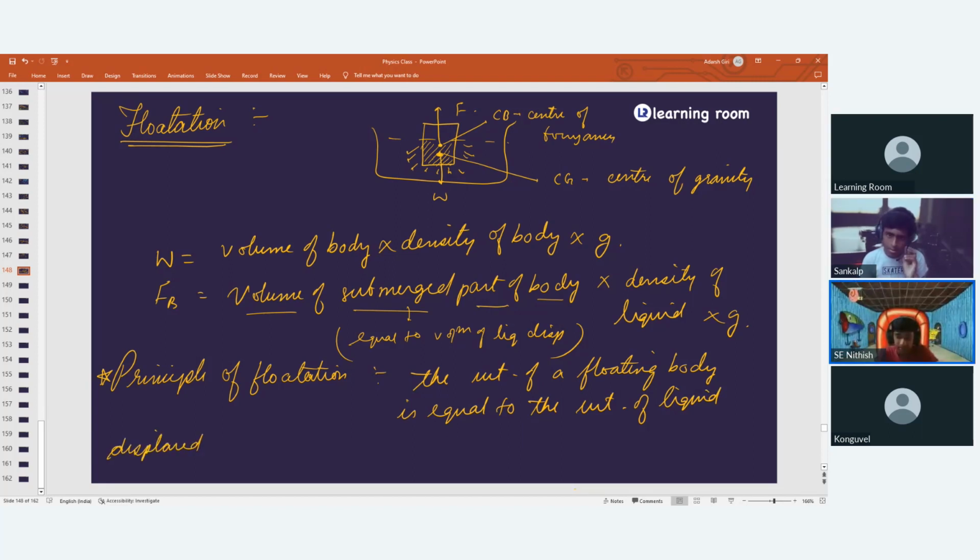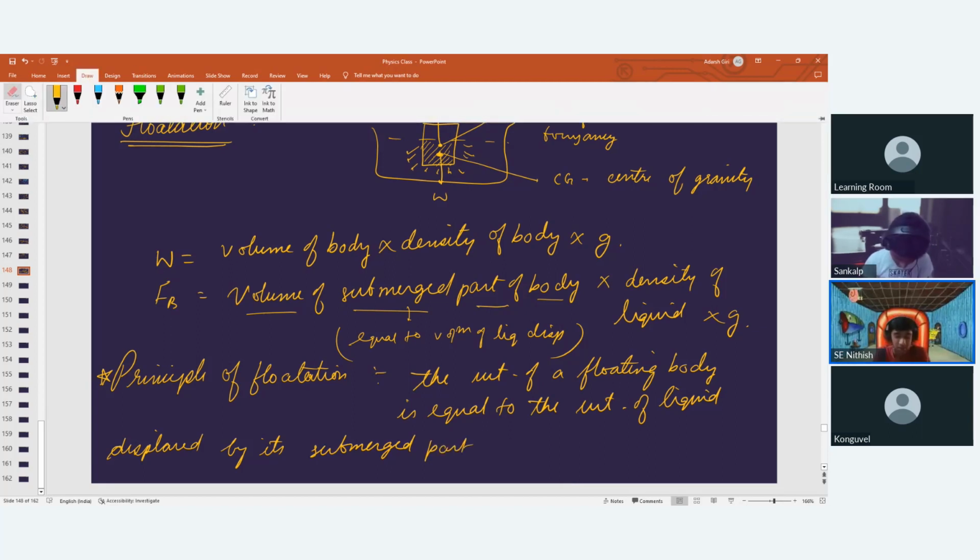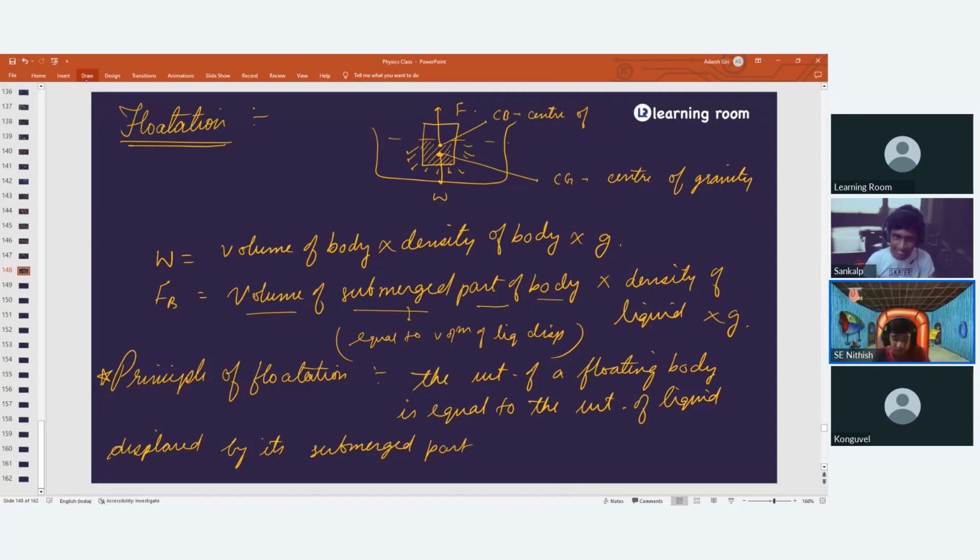Yeah. Sir, what is CB? I've written there, center of buoyancy. Okay. Sir, why does your buoyancy look so weird? Looks like frequency, right? Yes, sir, it looks like frequency. I'm sorry, I was just joking. Sankalp is making fun of you.